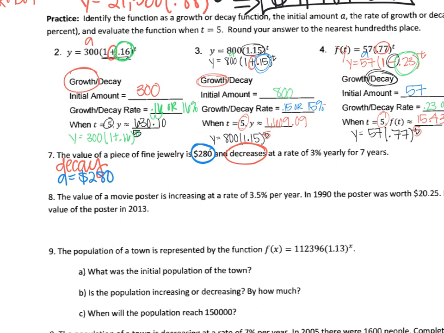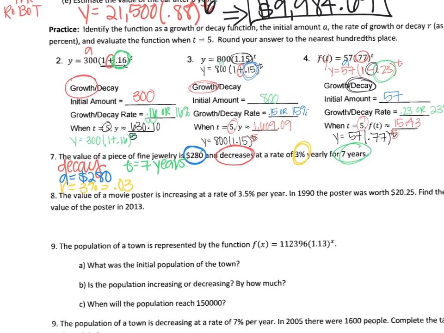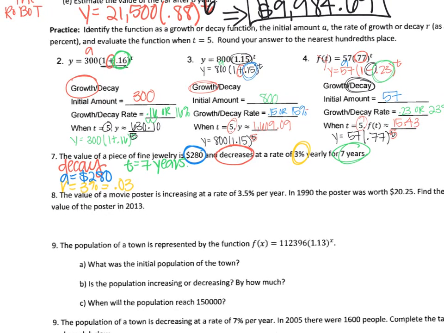And then it gives me the rate as a percent of 3%. When I plug that into a problem, I can't plug in 3%. So if I move the decimal over 2 spots, I get 0.03. And it also gives me a time of 7 years. So when I go to plug this in, I know my formula is going to look something like this.